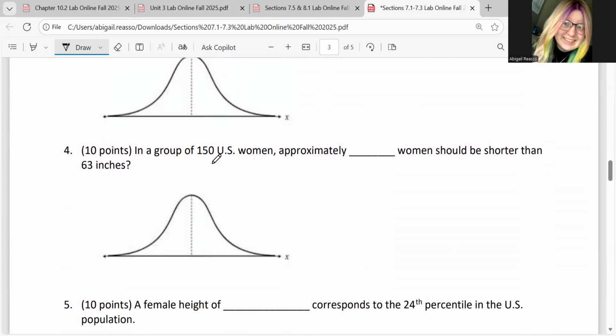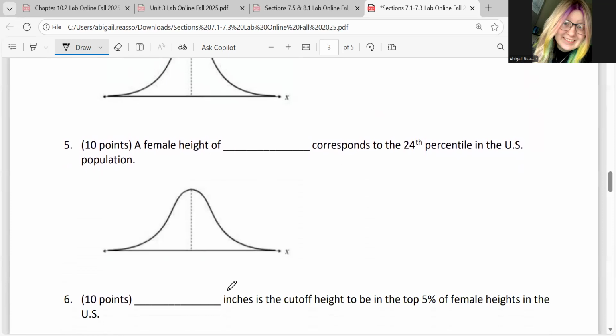Number 4 here is talking about how many women would be either shorter or taller than whatever you're given. So you'll want to make sure you find your probability and then use that probability and the total right here to help you calculate this answer. Keep in mind, we're talking about women as a whole value, so your final answer should not be a decimal for this number 4.